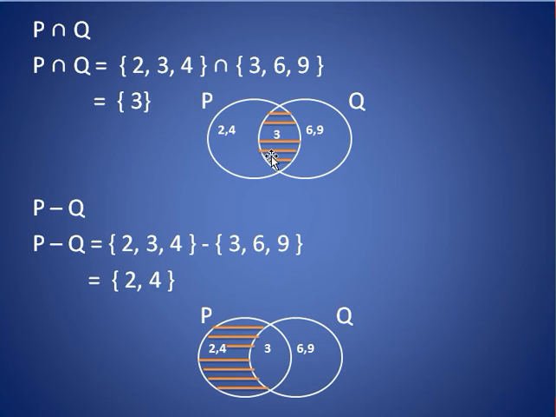This shading shows the answer. P difference Q. Set P elements 2, 3, 4. Set Q elements 3, 6, 9.